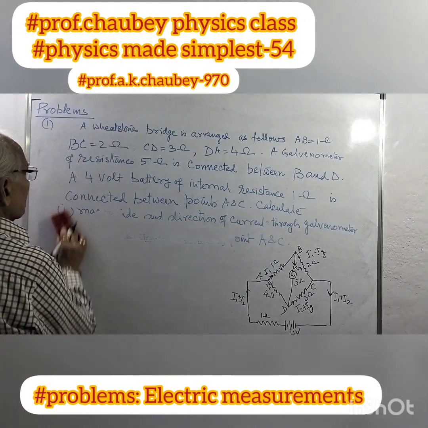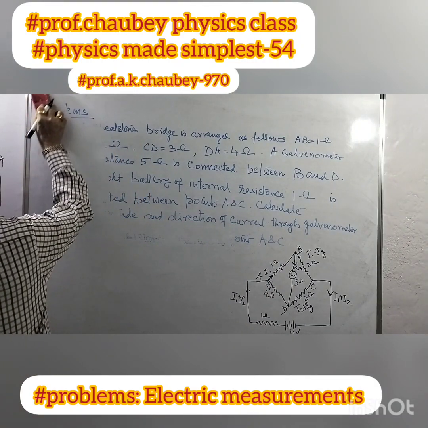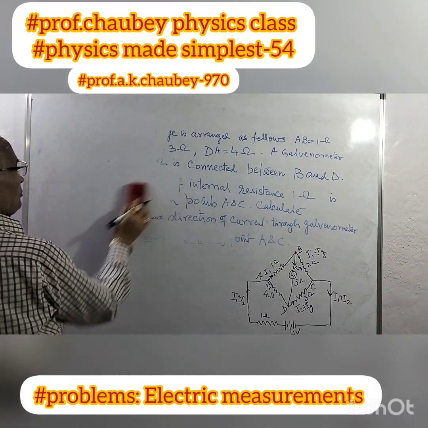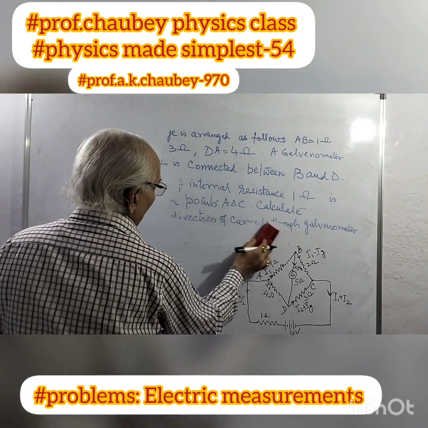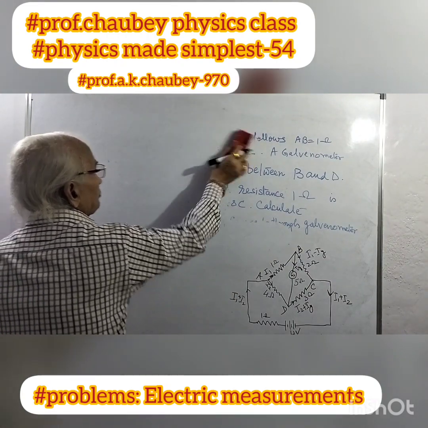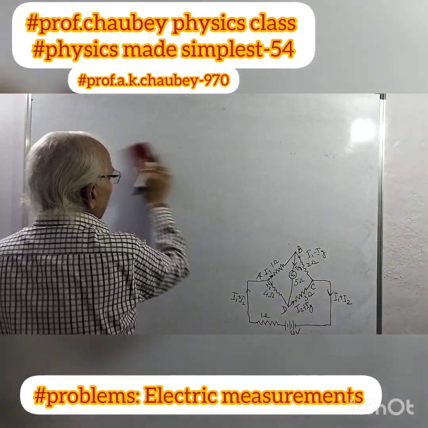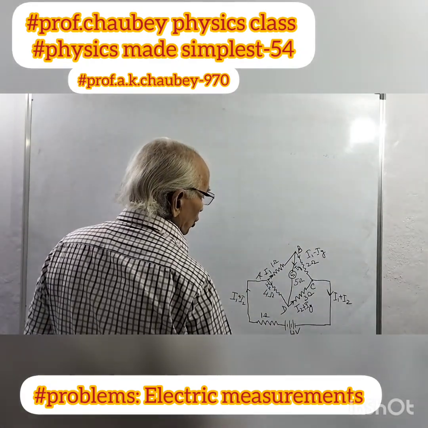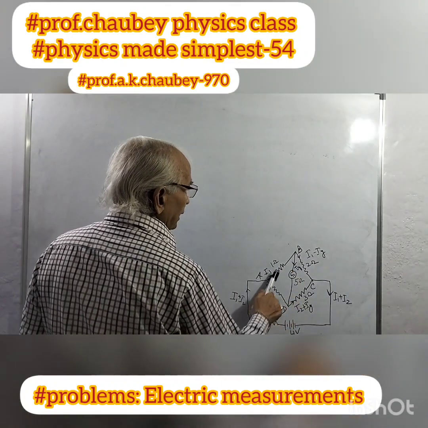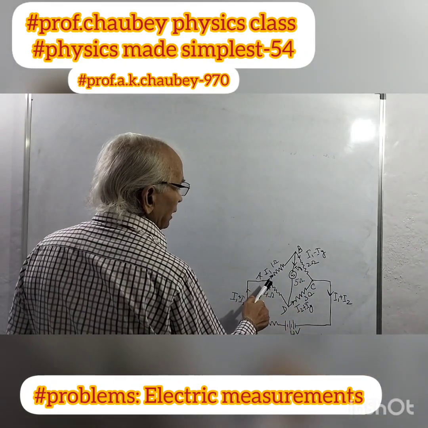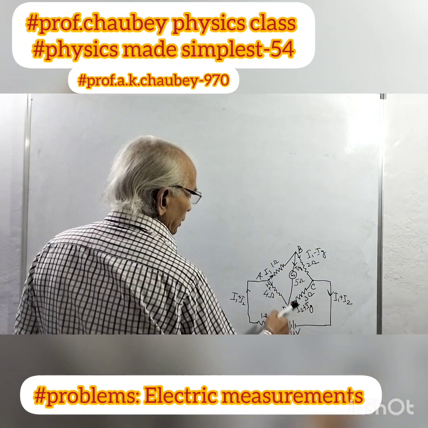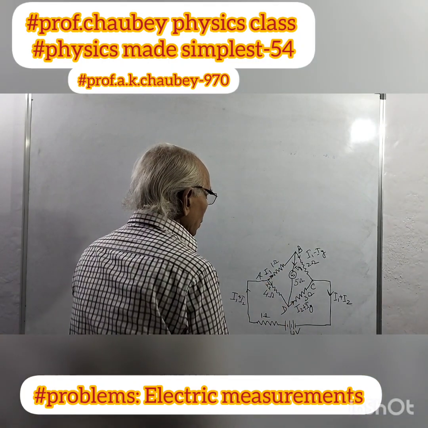I will try to solve this problem. So what I do, I consider the loops. There are 2 loops. One is this loop, A, B, D, A, and the other is this loop. So we consider both the loops.